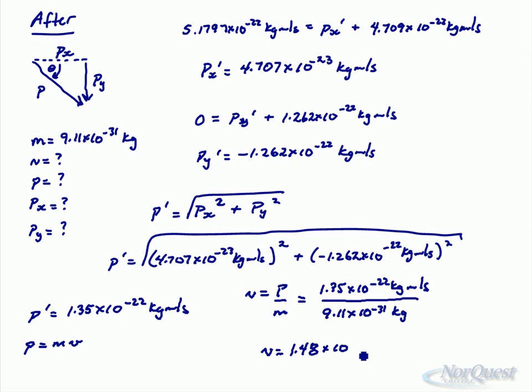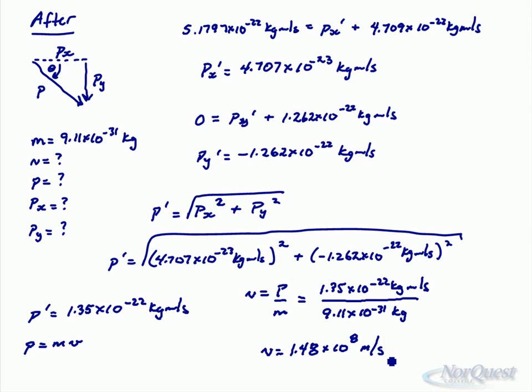Good, I'm glad it's not faster than the speed of light. These will be very, very fast moving electrons, by the way. We're coming in with very high energy X-rays, so the electrons should be 10 to the 7, 10 to the 8 meters per second. That's a good indicator that I've done this question right.